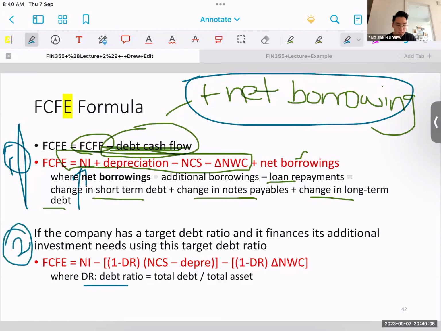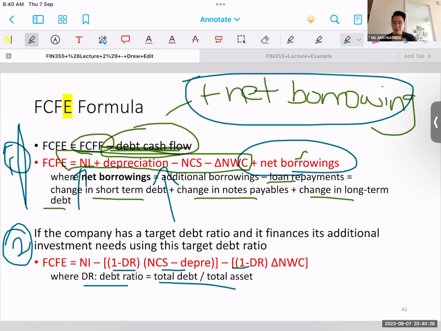This method 2, where you actually have the debt ratio, which is total debt divided by total asset, and then we just use a ratio of 1 minus that. If you look at it, the formula is kind of like this, but instead of plus net borrowings, you just put in the debt ratio inside here.